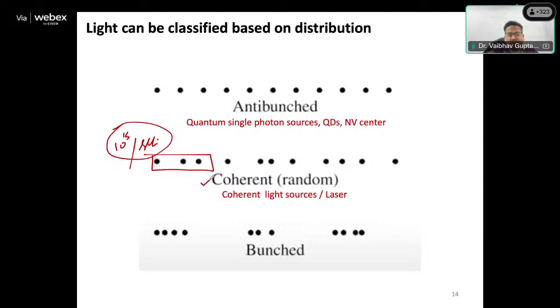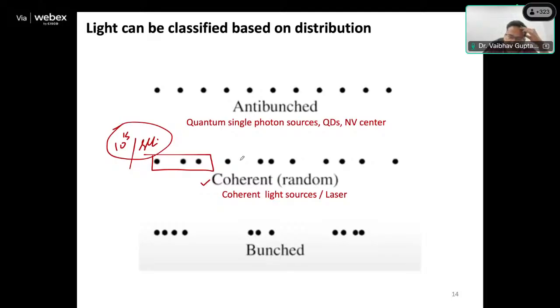What is going to change is that if you go to a smaller scale, from 1 second to millisecond to nanosecond, you will see that the first photon is coming, I do not know when the second is coming. Within 1 second combined, I know that a total of 10 to the power 15 will be there, but still you cannot tell when the second photon is coming.